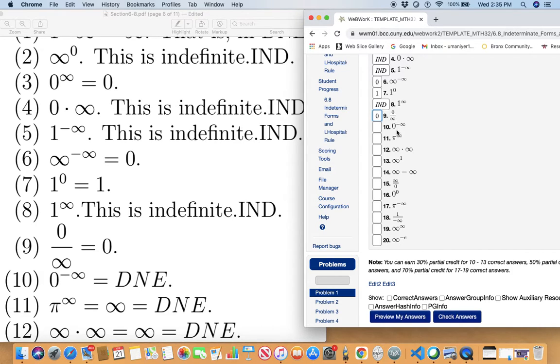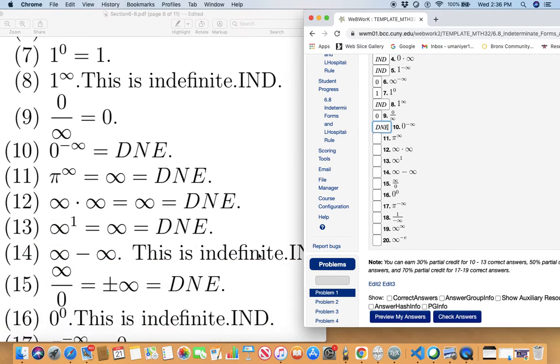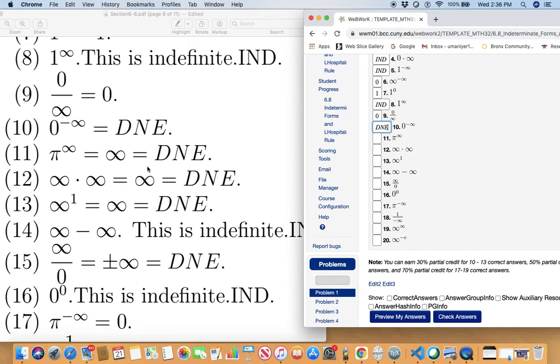So it's a fraction approaching 0 in the bottom. So that is does not exist. Okay. Next. Pi to the power infinity. Well, that's getting infinite. Okay, so that does not exist.